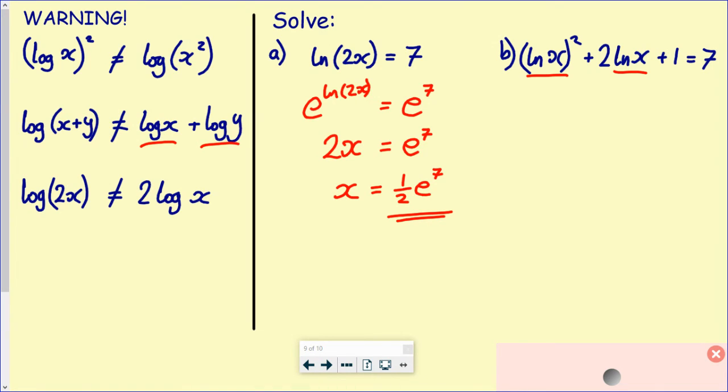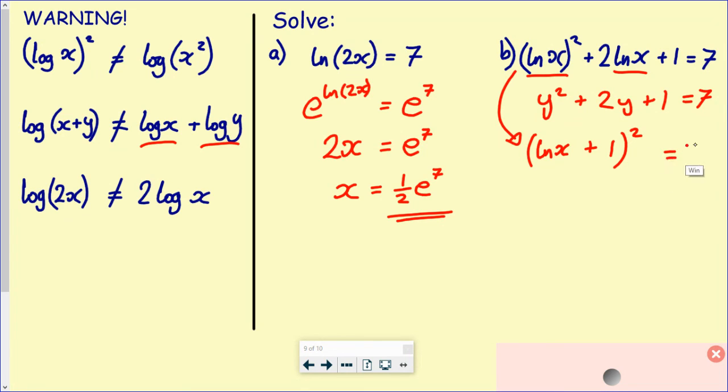We could, if we wanted to, rewrite this as y squared plus 2y plus 1. If that makes it easier for you, do it. But we can also just jump straight to factorising this. Hopefully you notice that in either form we can factorise this to be (ln x plus 1) squared equals 7.